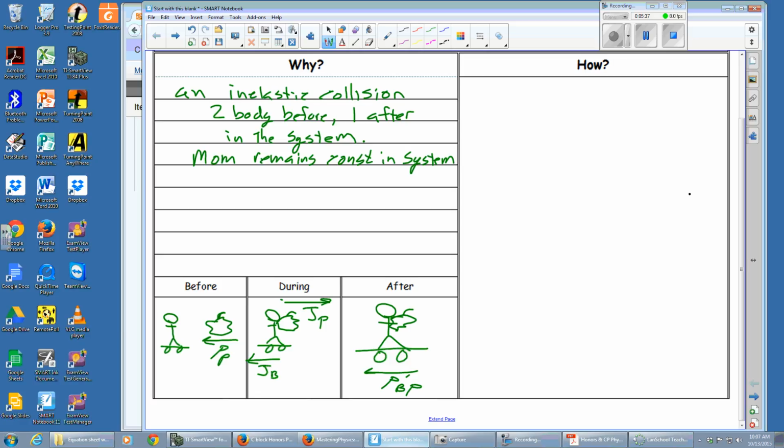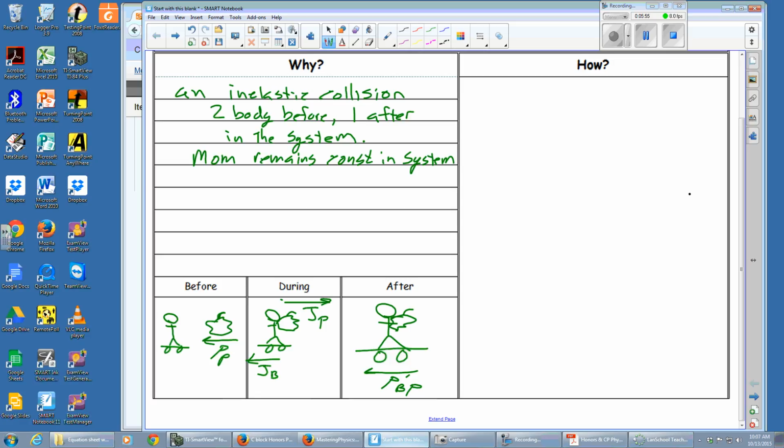No, this is the momentum before. You would write it like that. Oh yes, yes, we could do that. I'm sorry, I was going quickly.